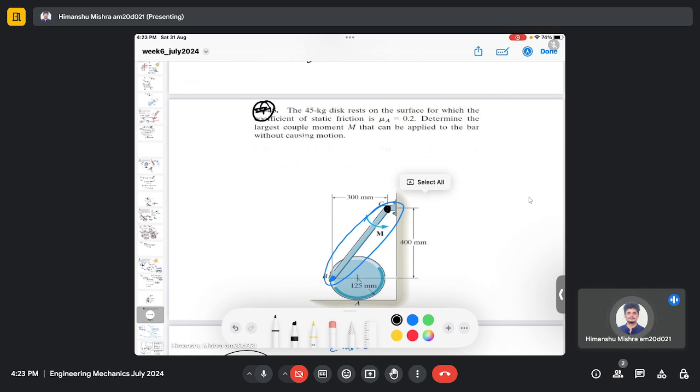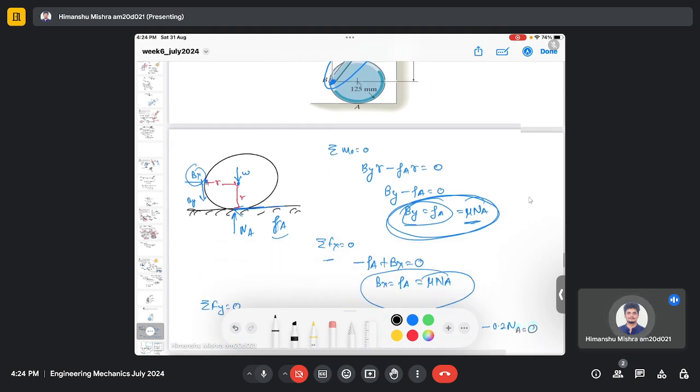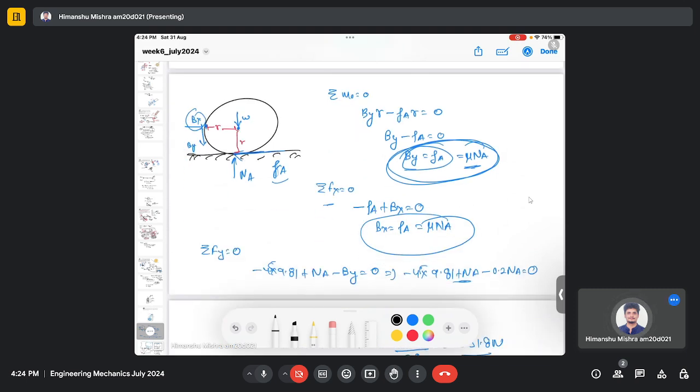We separated the disc from the rod. Then we made a free body diagram for the disc alone, and based on the free body diagram we wrote down the force balance and moment balance equations, and we calculated the unknown forces, like the reaction forces Bx and By and Na which are acting.